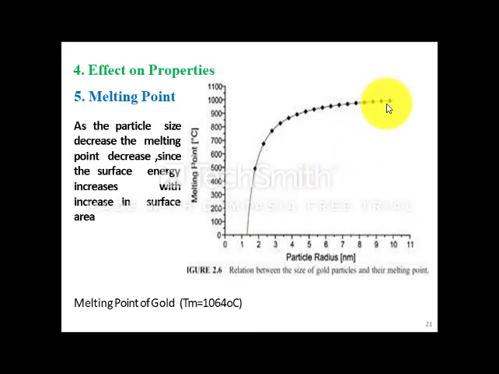As the particle size decreases from 11 to 10, the melting point also decreases. Again, the particle size decreases, the melting point decreases, and it continues until we get 1 or 2 nanometer size gold nanoparticles.